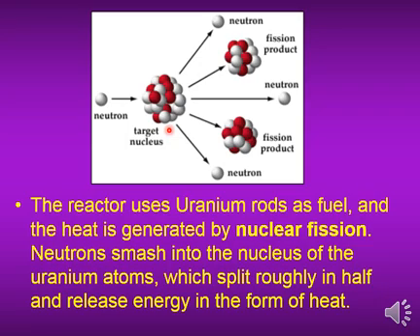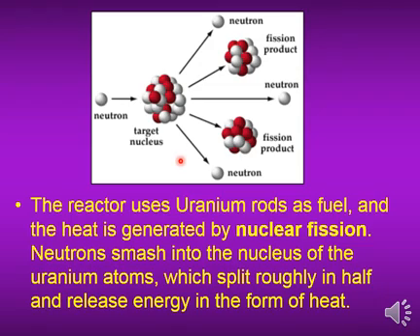You can see a picture on your screens that there is a neutron and there is a heavy nucleus of uranium. This neutron comes and hits the heavy nucleus of the uranium, which splits into two halves, and as it splits, three neutrons are further emitted, and an enormous amount of heat energy is released because of this splitting.